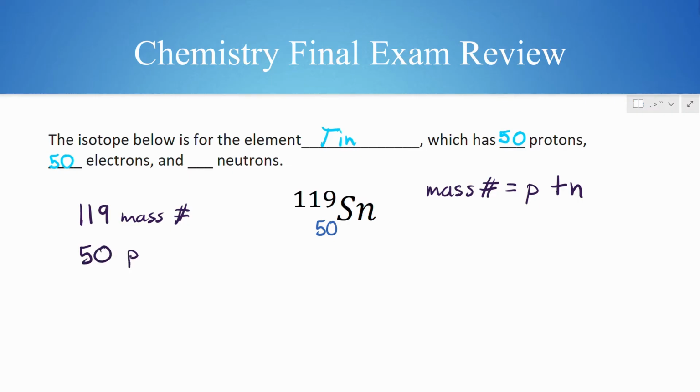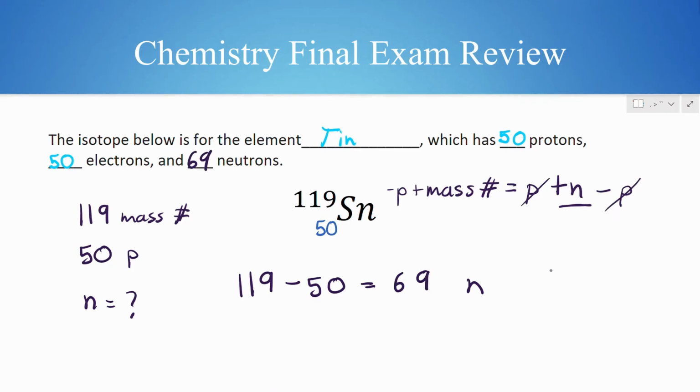And now the missing information is the number of neutrons. And so to find that, all we need to do is subtract. So 119 minus 50 will give us our number of neutrons. Doing this subtraction, we get 69 neutrons. You're going to subtract the number of protons from the mass number to get the number of neutrons.